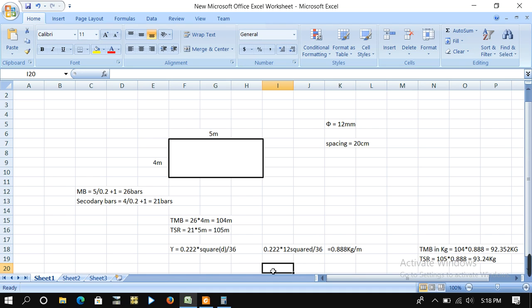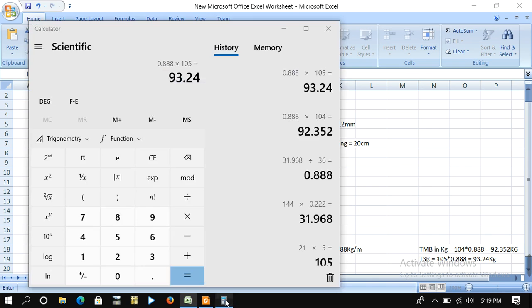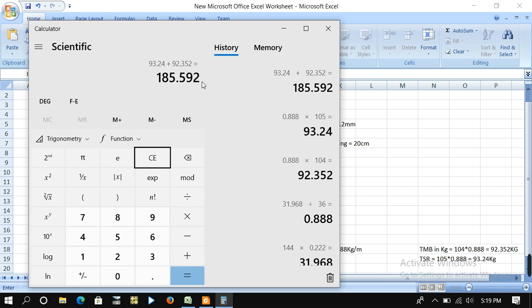So it's going to be 92.352 plus 93.24. So 185.592 is the final answer. 185.592 kg is the final answer here.